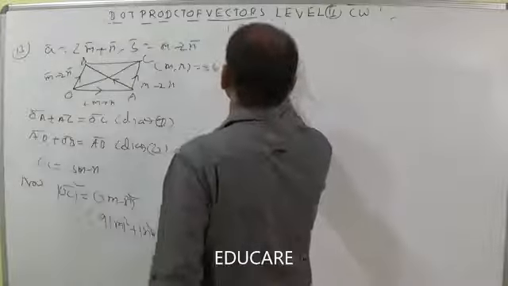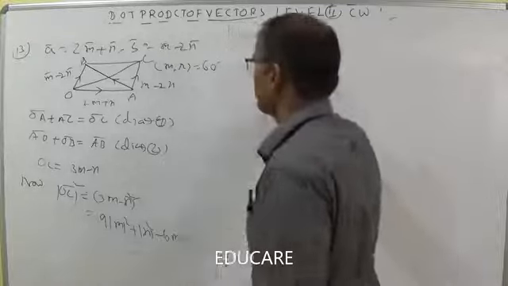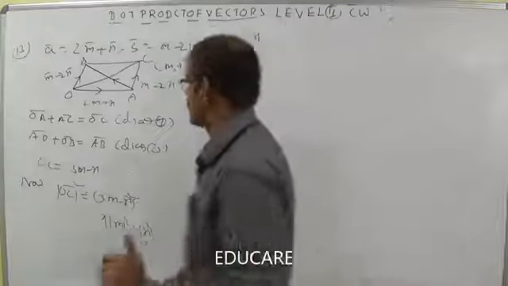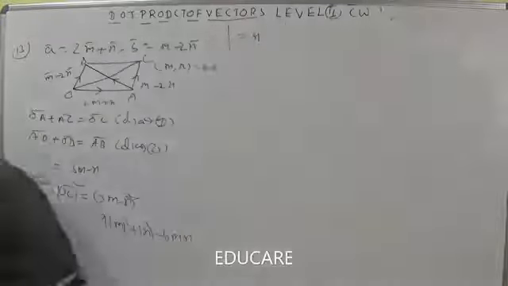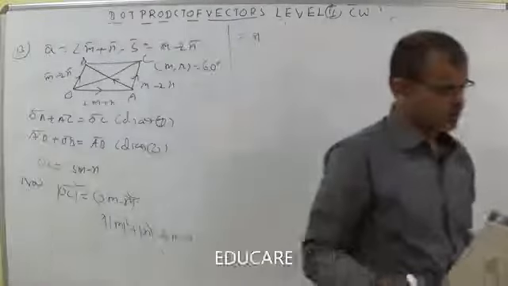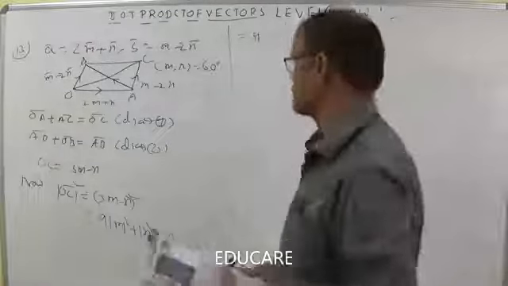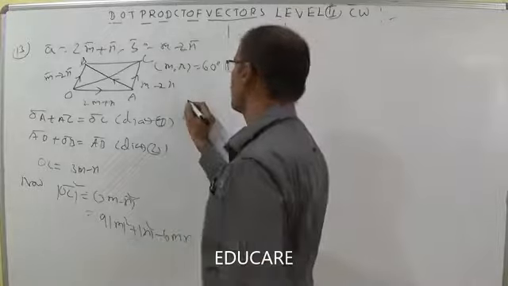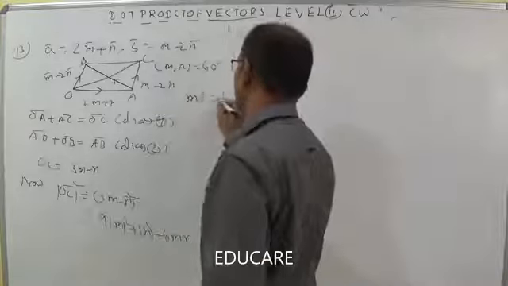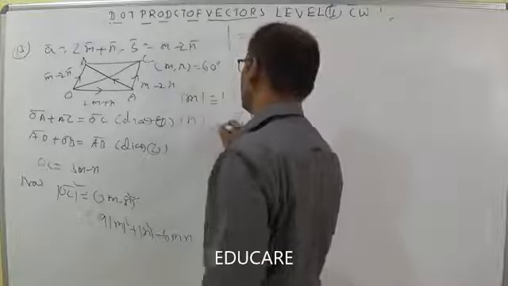That is equal to 9 into mod m square. Let us see, the angle between unit vectors m, n is given. Mod m is equal to 1 and mod n is equal to 1.